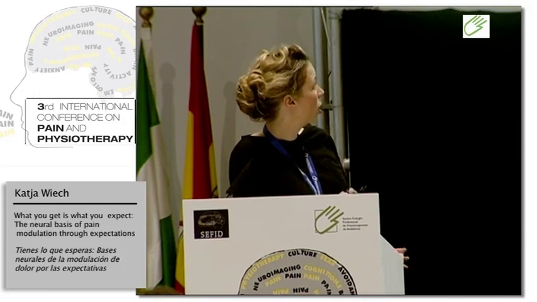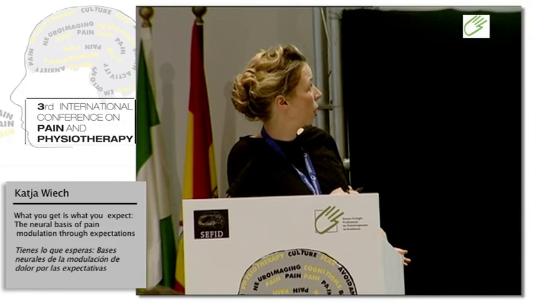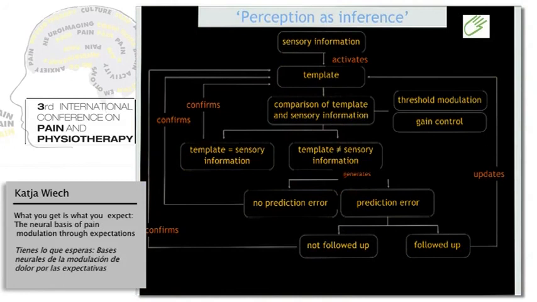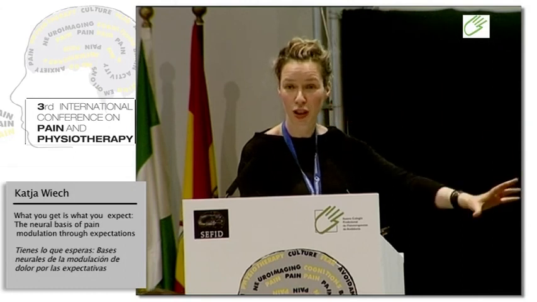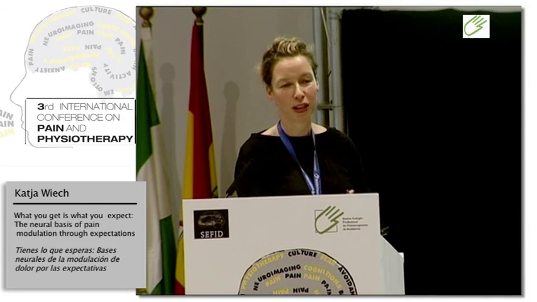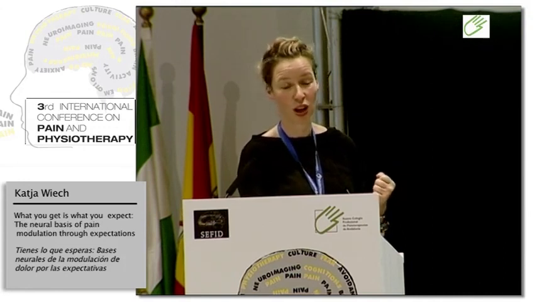And then the question is, if it doesn't meet the expectations, does the brain pick up on that? So do you generate this prediction error? Does the brain understand that that's not what it wanted? And sometimes you also get these patients who are incredibly tolerant, who rarely get any benefit out of the intervention, but they would still hold on to it simply because maybe their brain doesn't generate a prediction error because it doesn't understand that there's a difference between the expectation and what they get.